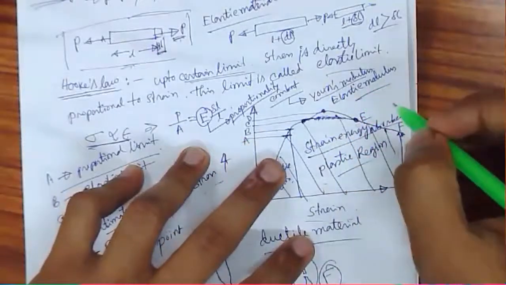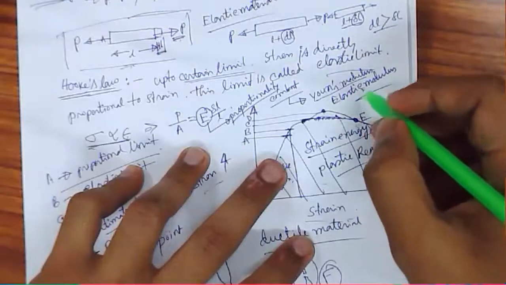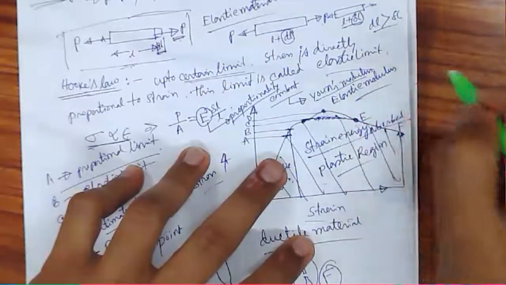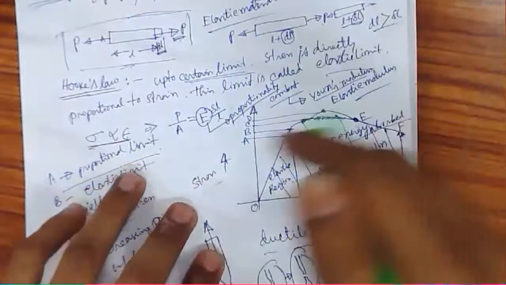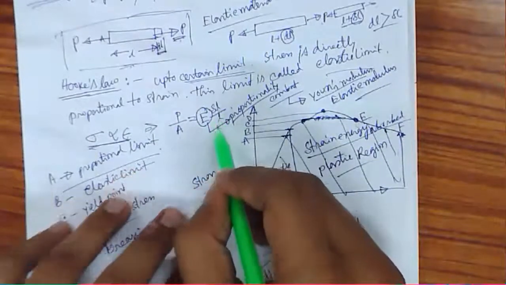This is a property of the material, and for different materials we find different values of this elastic modulus. Okay, so we get P by A equal to E into delta L by L.